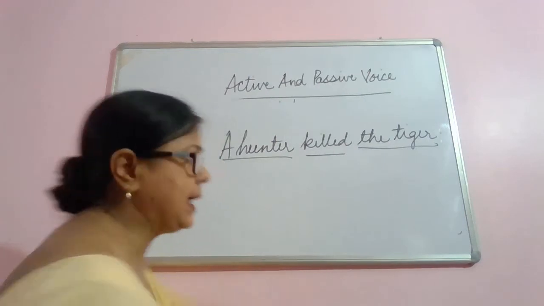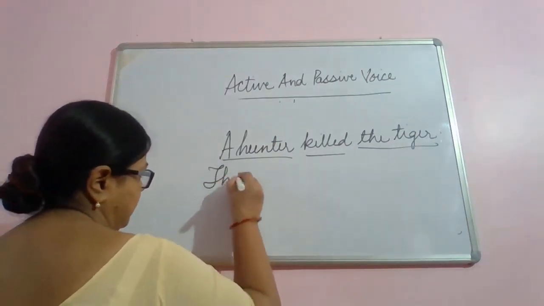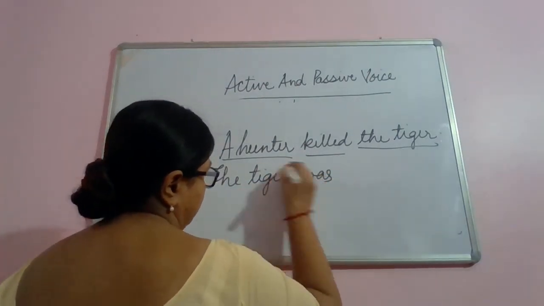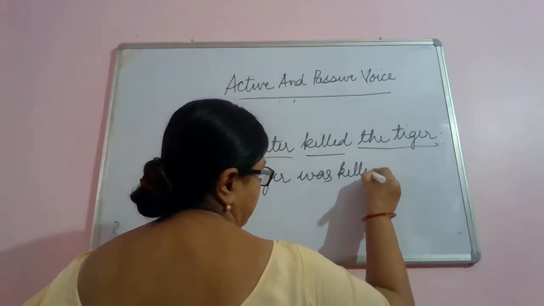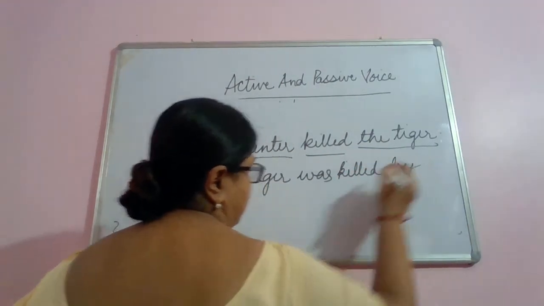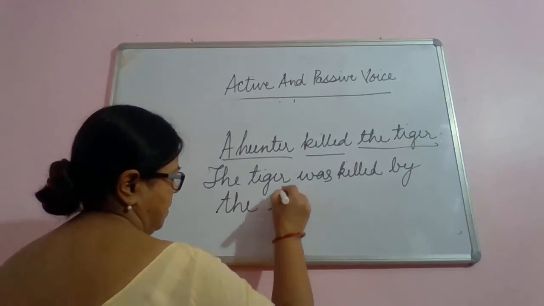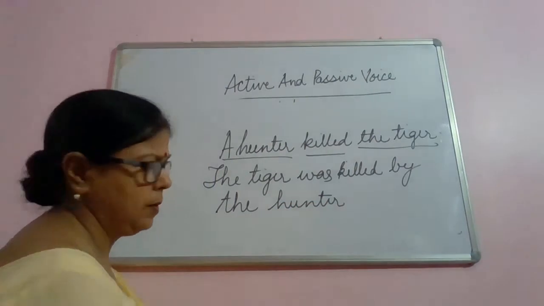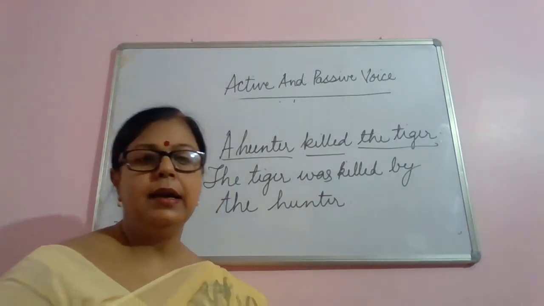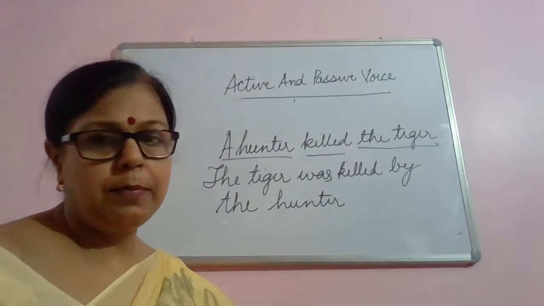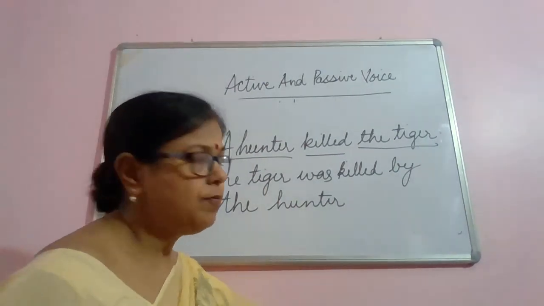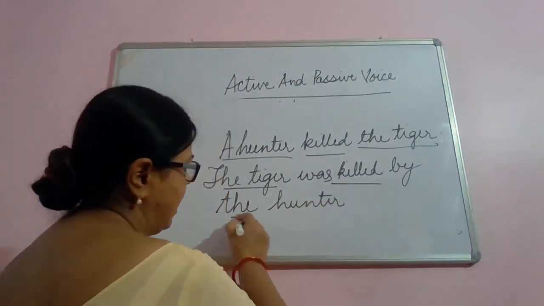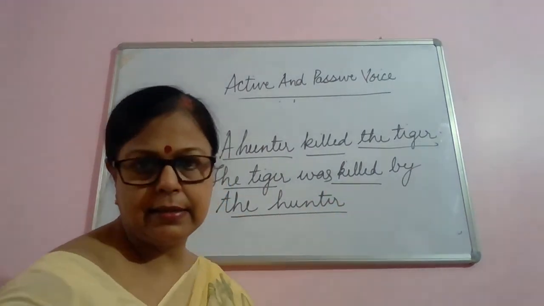But when we say the tiger was killed by the hunter, this becomes the subject, this is the verb, and this is the object of the sentence.